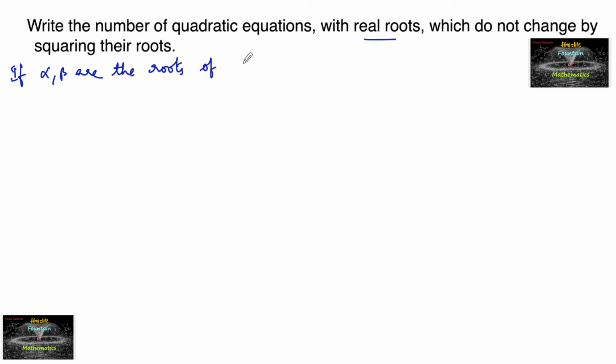of a quadratic equation, say ax square plus bx plus c equals 0, where a not equal to 0, and alpha, beta are real roots. Then the quadratic equation will not be changed even if you square the roots.